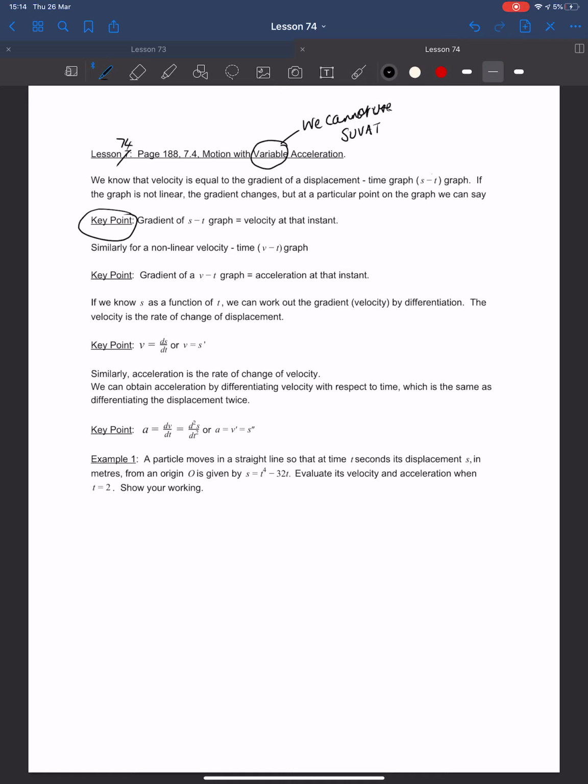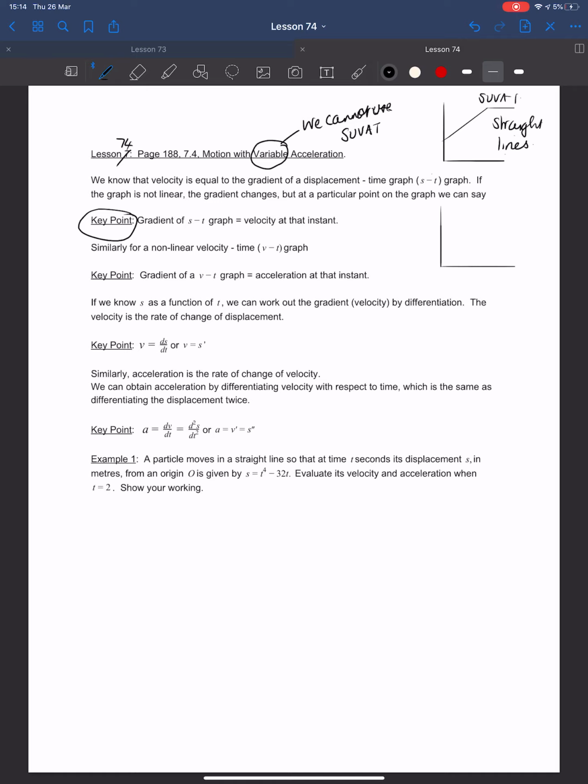So when we had the SUVAT equations on the previous sessions, we had straight lines. Whereas when we've got variable acceleration, they're not necessarily going to be straight lines.